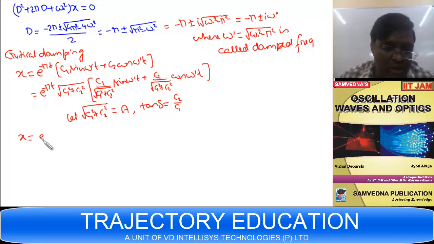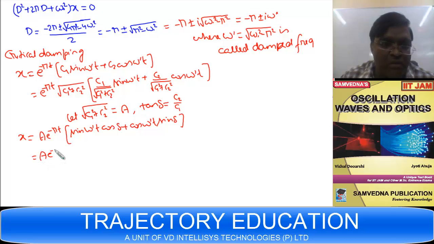So this is A e to the power minus Rt sin omega dash t cos delta plus cos omega dash t sin delta. All this is this. So this is x.